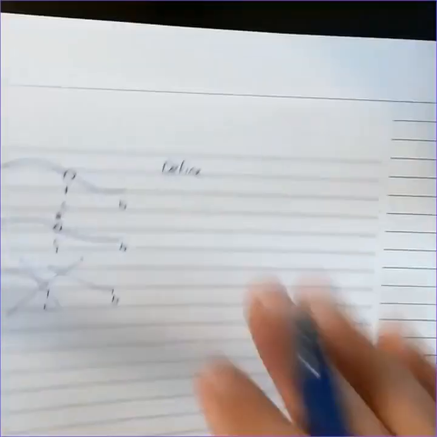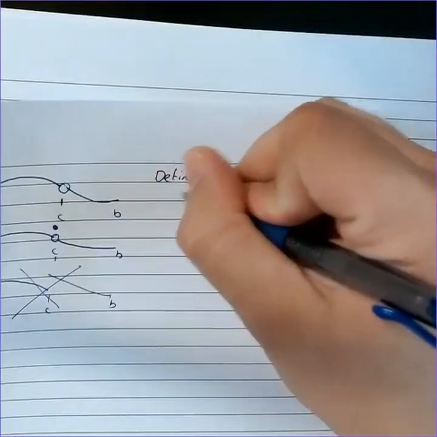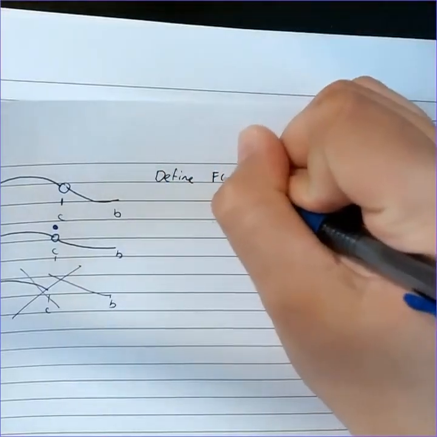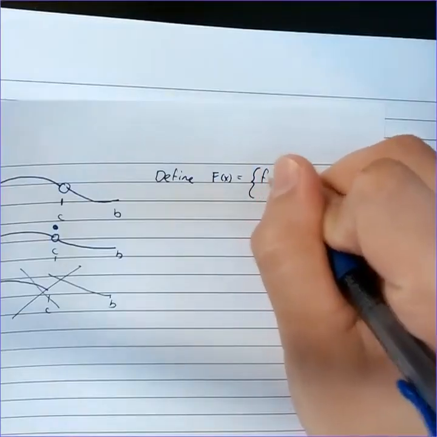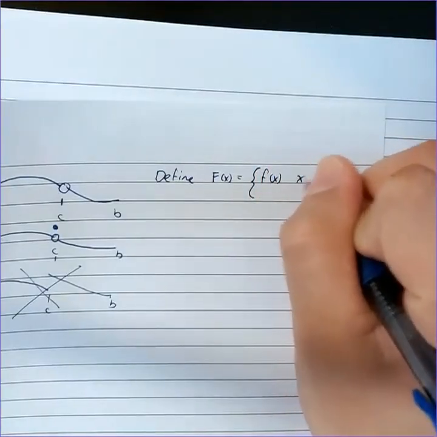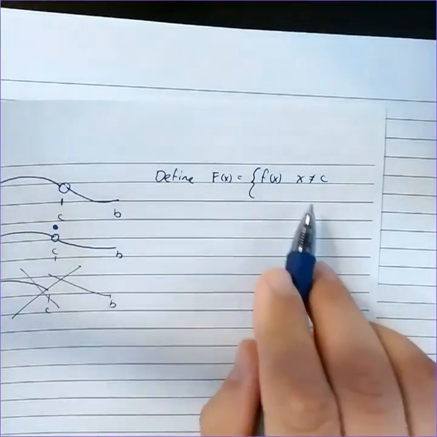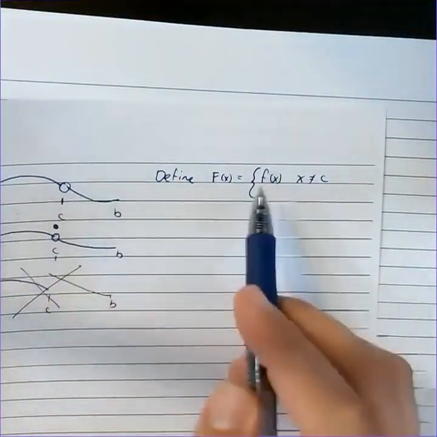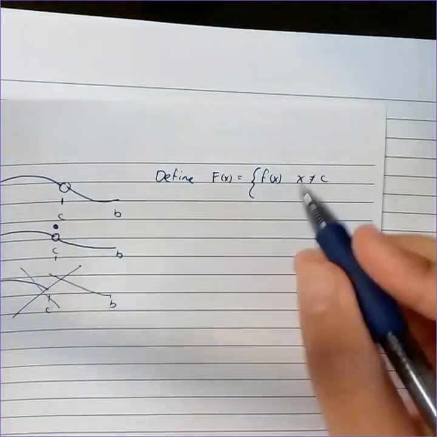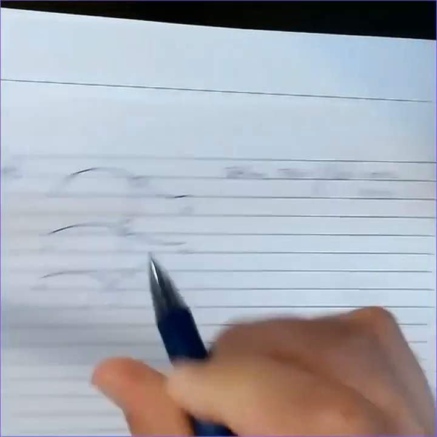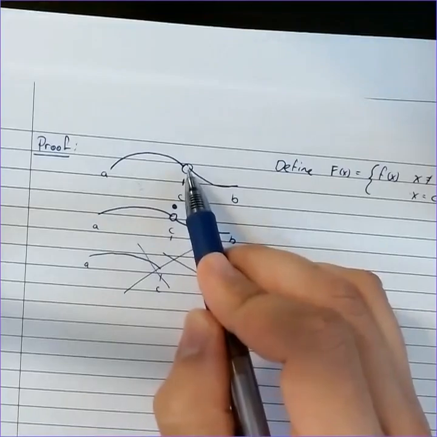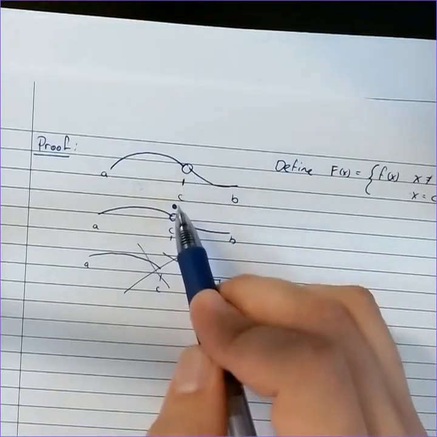So we're going to define a new function. We're going to call it capital F. And it's going to be the same as little f most of the time, in fact everywhere except at c. So if x is not equal to c, you're perfectly happy using the old function. But if x is equal to c, then there might not even be a point there, or there might be a point, but it might be somewhere else.